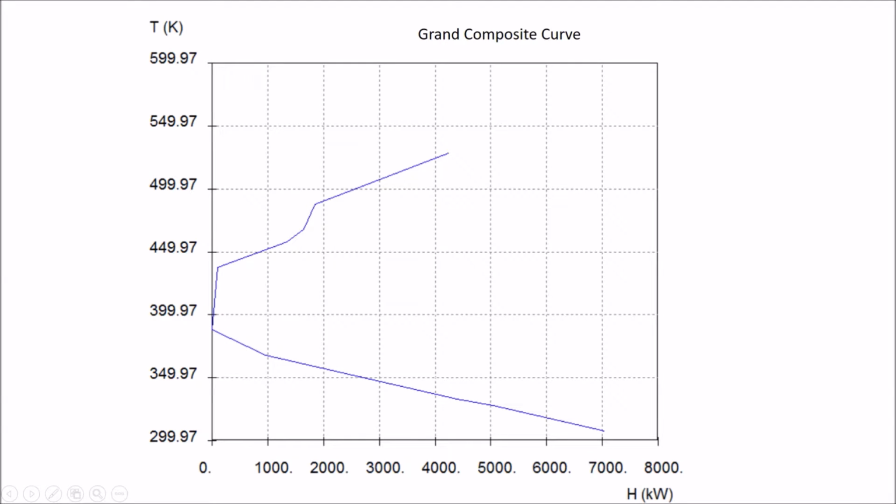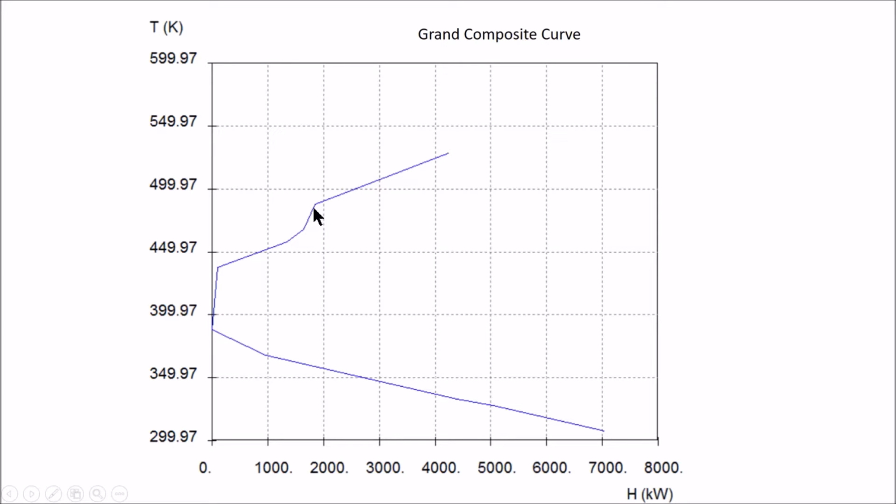Moving on to the grand composite curve. The grand composite curve is basically the adjusted cascade put into graph form. We can observe that the hot utility is at the top, which accounts for 4240 kilowatts, while the cold utility is at the bottom, which accounts for 7040 kilowatts.